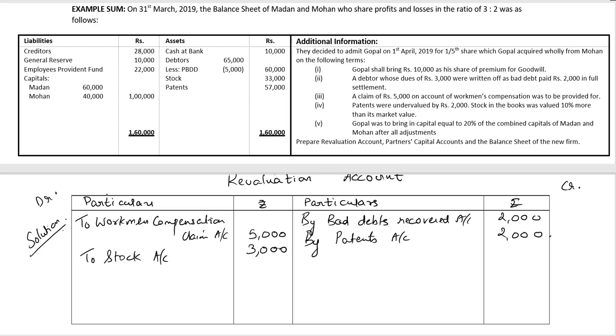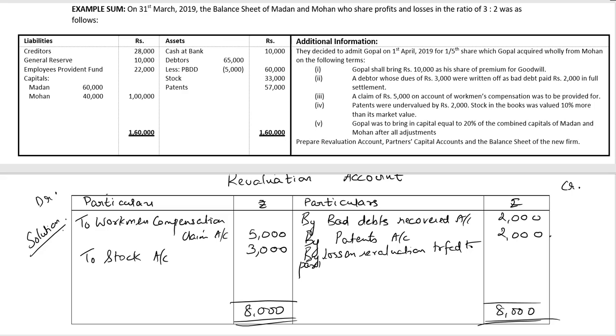The greater total on the debit side, ₹8,000. There's a loss, loss on revaluation, transferred to partners' capital accounts.